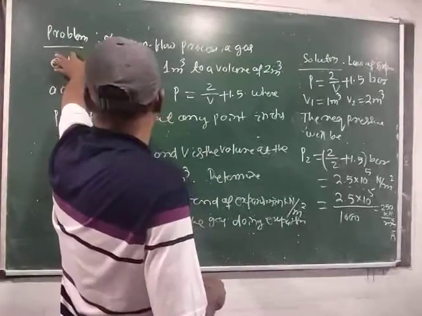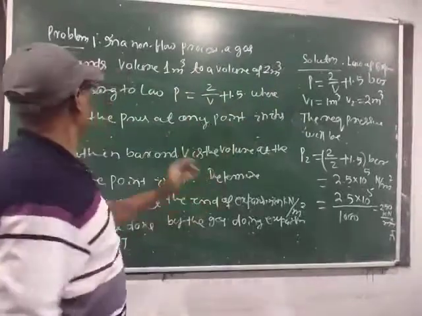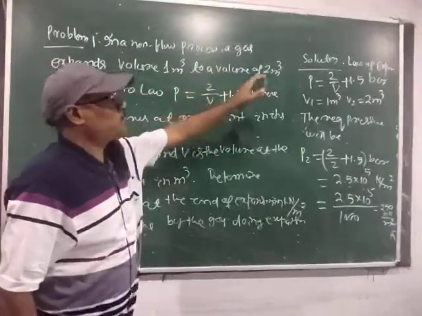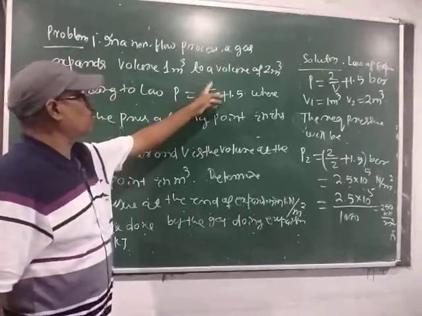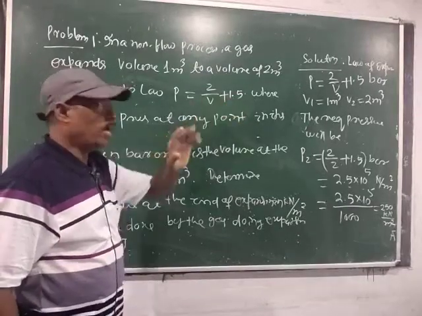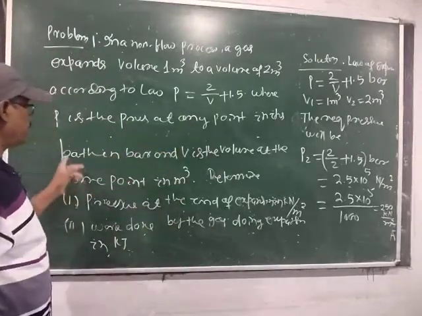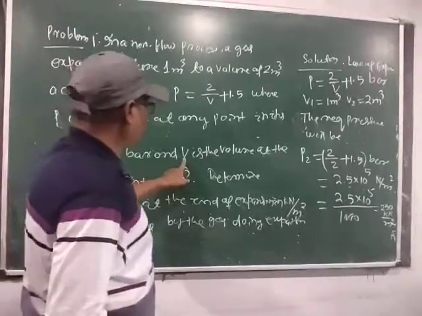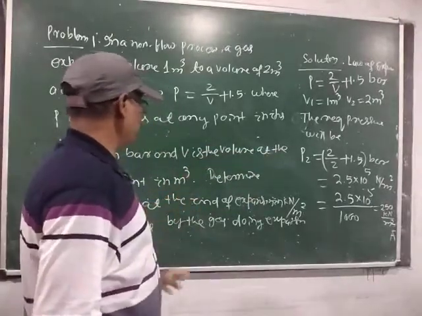Now, problem number 1. In a non-flow process, a gas expands from a volume of 1 meter cube to a volume of 2 meter cube according to the law P is equal to 2 by V plus 1.5, where P is the pressure at any point in its path in bar and V is the volume at the same point in meter cube.